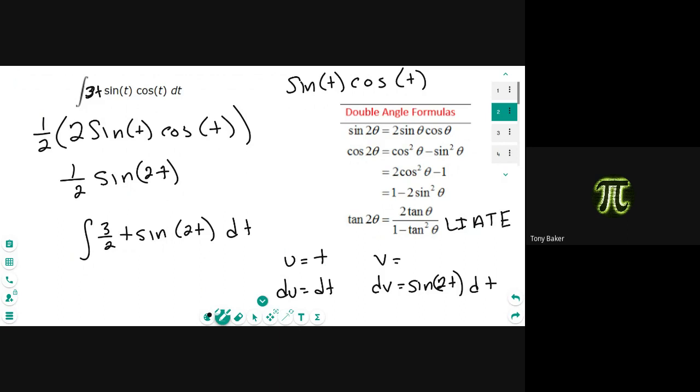What's the integral of sine? Almost. Negative cosine. And there's that 2 inside in front, so that becomes 1/2. That's that implicit u substitution.